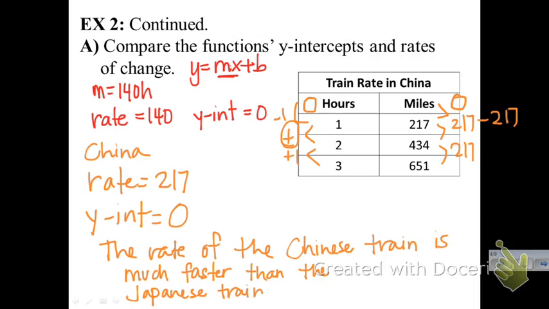And remember, that was their first train that was developed, so I'm sure that the rates would be more comparable if we compared rates from China and Japan.